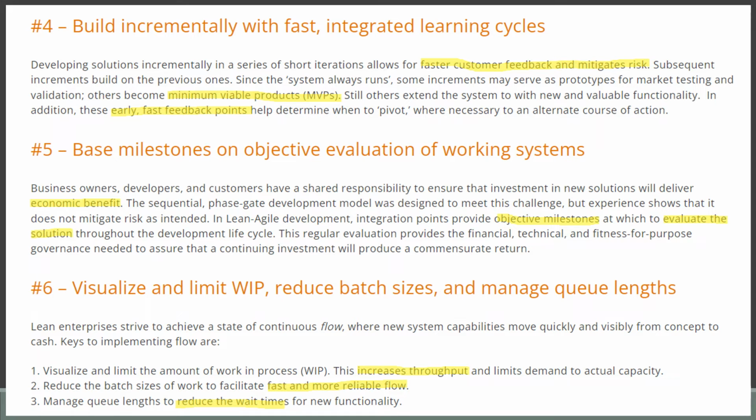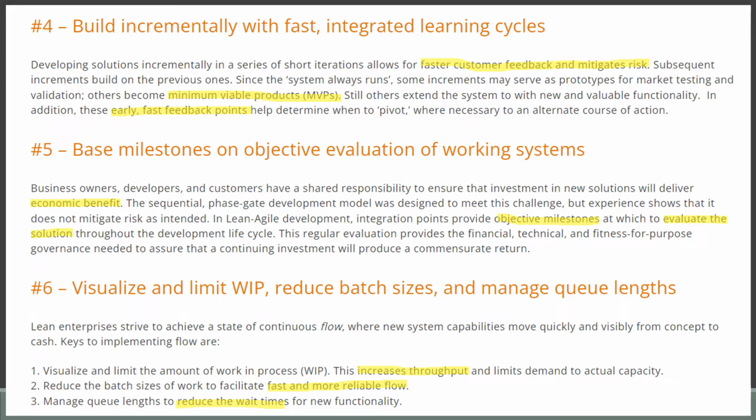So in lean agile development, there are objective milestones, like having the PI objectives and the release objectives in place, and evaluating the solution throughout the development cycle. The regular evaluation provides the financial, technical, and fitness for purpose governance needed, assuring that continuing investment will produce a commensurate return.